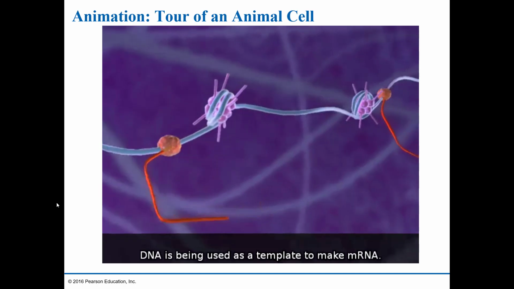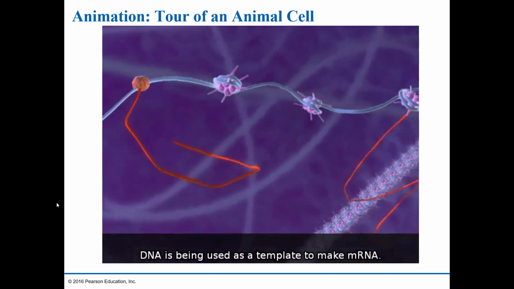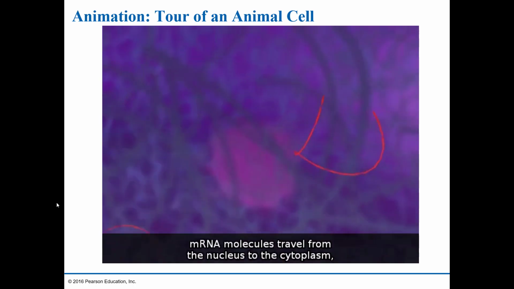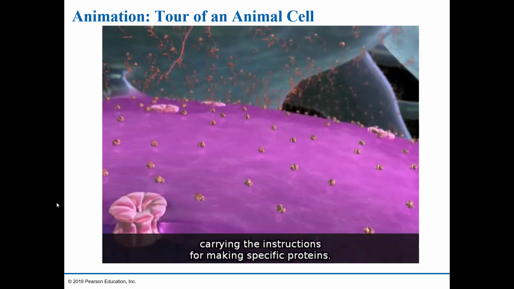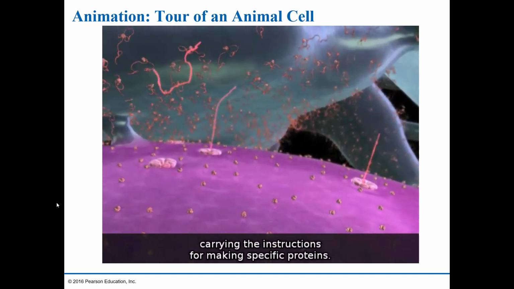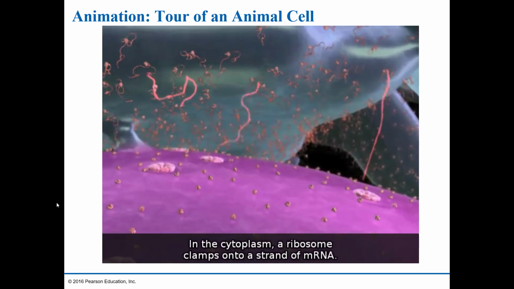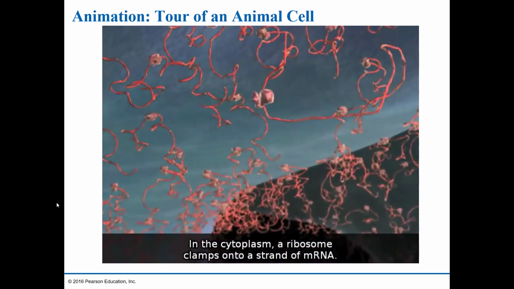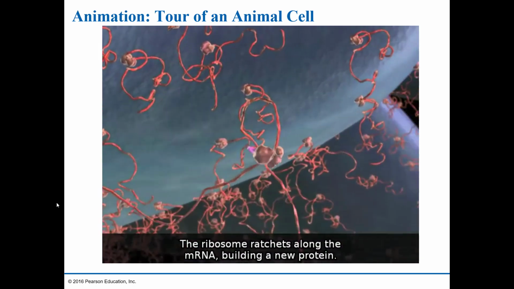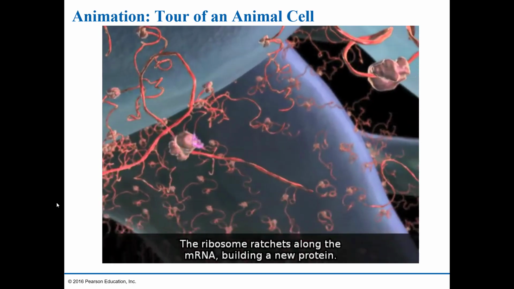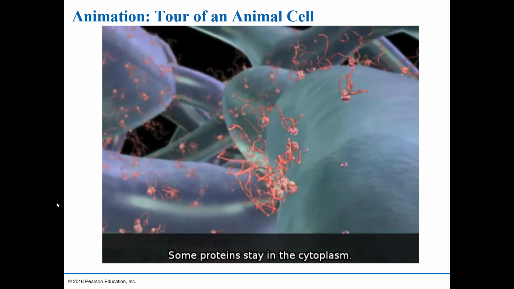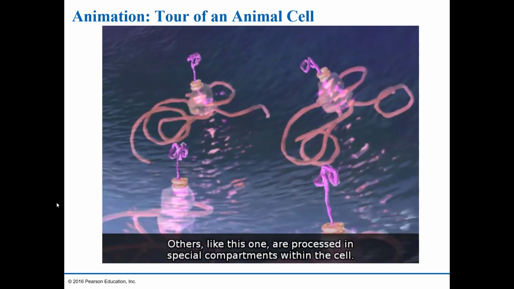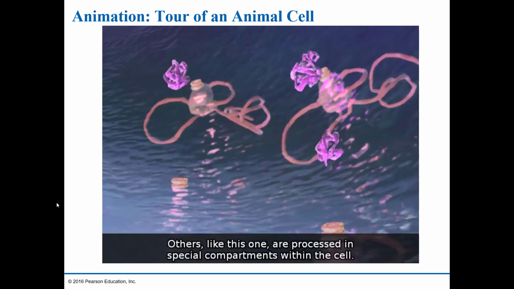DNA is being used as a template to make mRNA. mRNA molecules travel from the nucleus to the cytoplasm, carrying the instructions for making specific proteins. In the cytoplasm, a ribosome clamps onto a strand of mRNA. The ribosome ratchets along the mRNA, building a new protein. Some proteins stay in the cytoplasm. Others, like this one, are processed in special compartments within the cell.